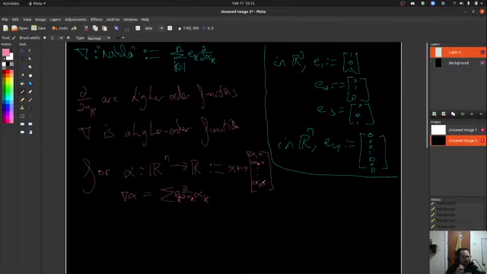No, wait, I'm totally screwing this up. Excuse me. It's just this. This is the gradient of alpha.